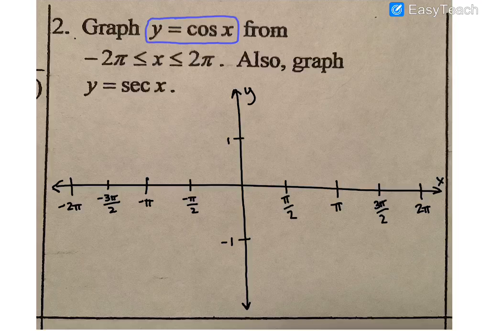Now, for cosine, if you recall, I'll worry about the 0 to 2 pi and then I'll reverse it. For cosine, we start up here at a height of 1. We cross down at the first marking at 1/4 of the way, so through pi over 2.